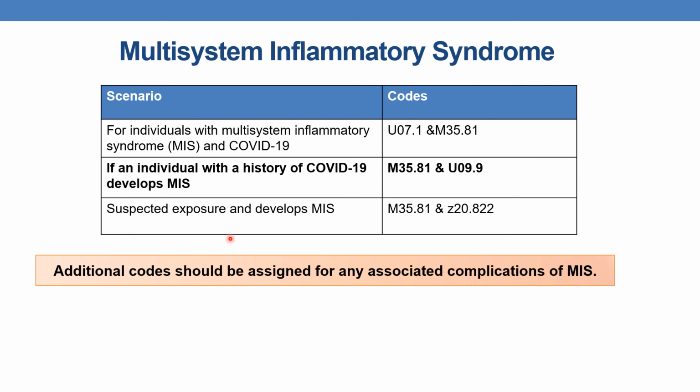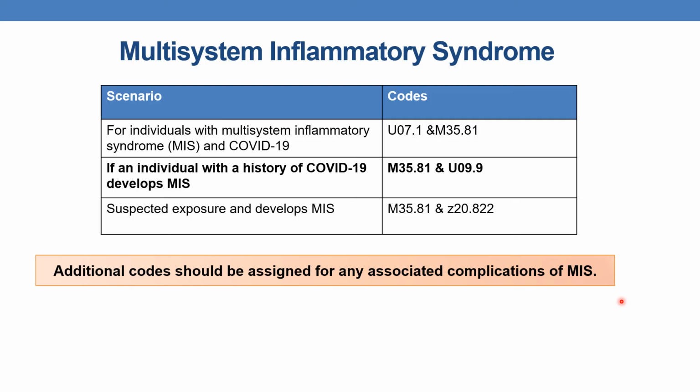Patient has suspected exposure to COVID and develops multi-system inflammatory syndrome. So their PDX will be M35.81 followed by Z80.822, the suspected exposure code.